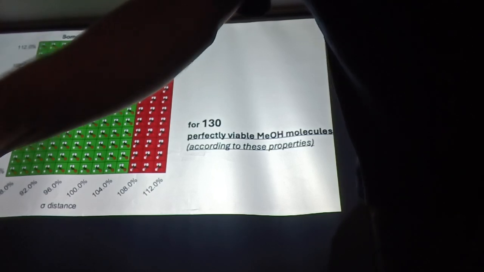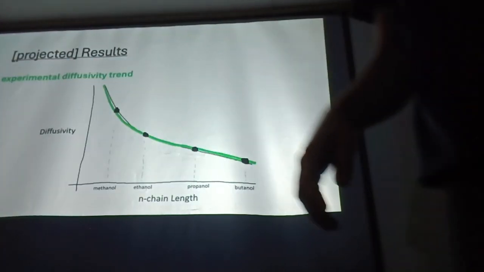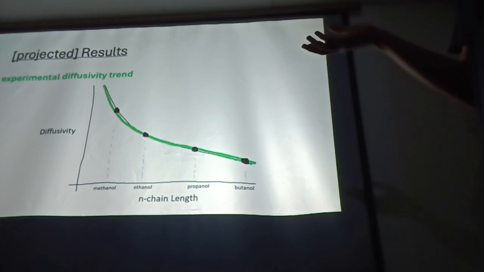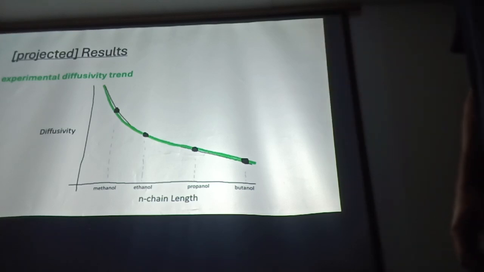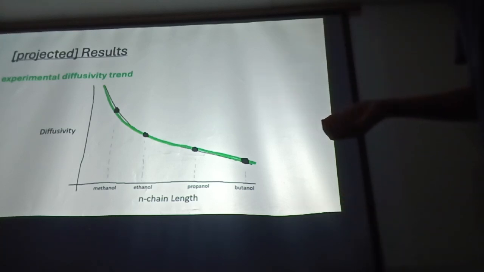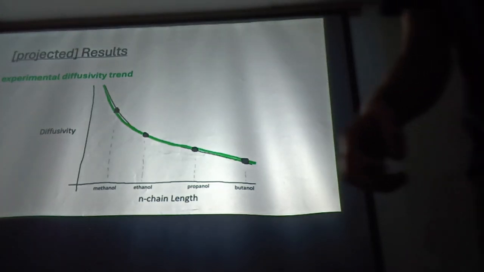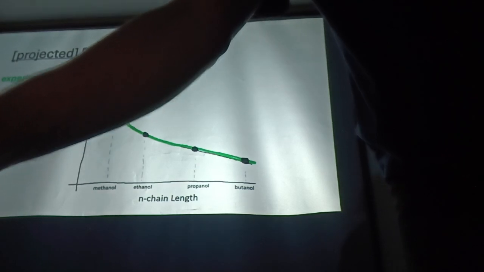Well, we can introduce a fourth experimental property, diffusion or diffusivity. And this is another good parameter to monitor because it's well studied for alcohols in particular. And so just a little bit about the trends of diffusivity. It's higher for smaller molecules. And as you increase the alcohol chain, the diffusivity lowers because the molecule is more bulky and can't volatilize as well.